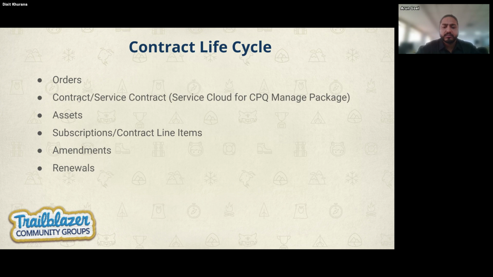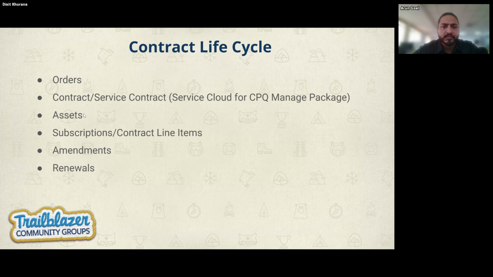But sometimes, in order to use entitlements kind of features, there is another package known as Service Cloud for CPQ managed package. If your customer is using this package, then instead of contract, the service contract object will be there, and the contract object will be disabled by default. This service contract object comes from this package.